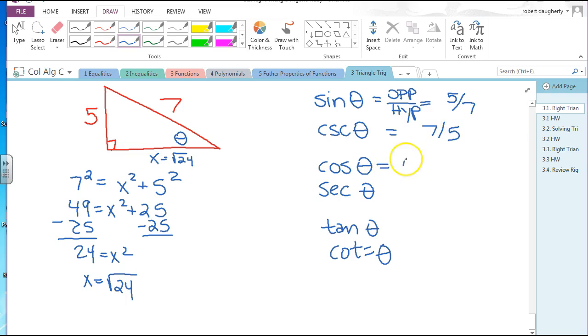The cosine is adjacent over the hypotenuse. What's the value of the cosine? Yeah, square root of 24 over 7. The secant is the reciprocal of the cosine. So what's the value of the secant? Yeah, 7 over square root of 24. Tangent is, what's the definition of tangent?